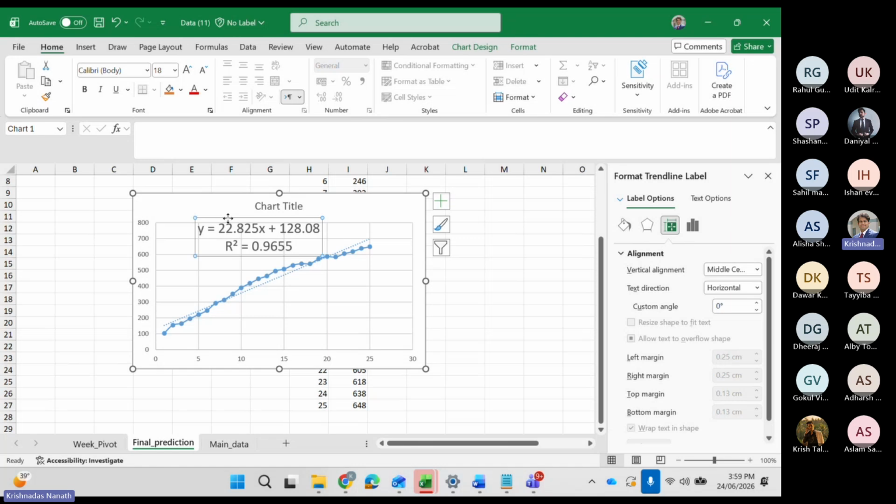Now you would say, well, now that you know, there are other options possible. What are the other options? Polynomial, logarithmic, etc. And the parameter that you were hunting for is, can the fit improve? Which means, can the dotted line become closer? Which means, can R square become much better?